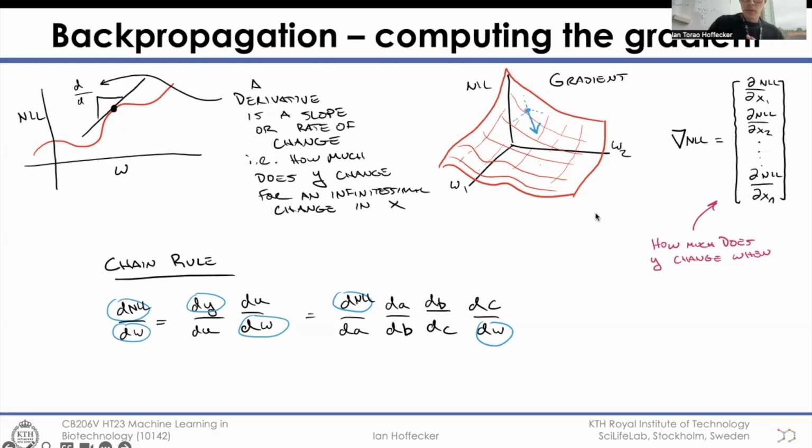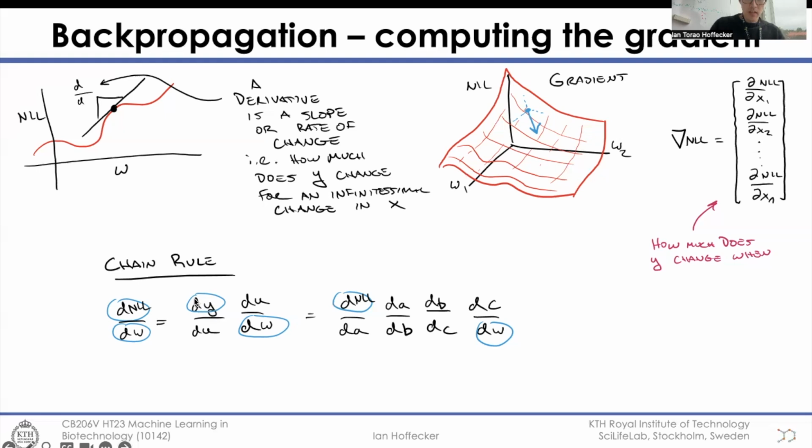For the back propagation algorithm that we're going to use for these neural networks, a key concept we're going to utilize is something called the chain rule. This basically says that we can compute any derivative, for example the rate of change of the loss function with respect to a weight we're interested in, as the product of intermediate derivatives.